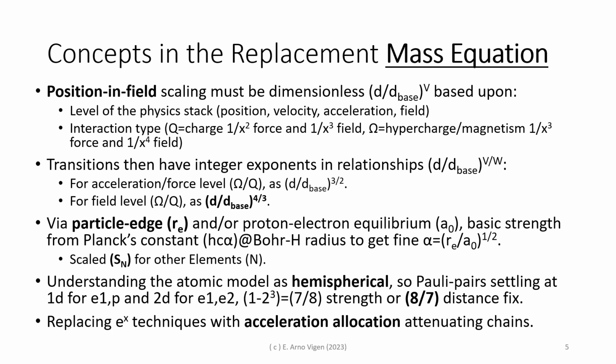That's 1/8. And so you'll find that the net effect is the full nucleus plus the particle pair, so it's 7/8, 1 minus 2 to the 3rd, or 8/7 if you're doing the inverse, which we will do all the time. So we're replacing everything in e to x techniques with an acceleration allocation using this gradient, like a MetaGGA, in order to calculate it.